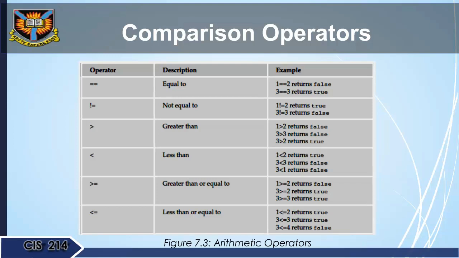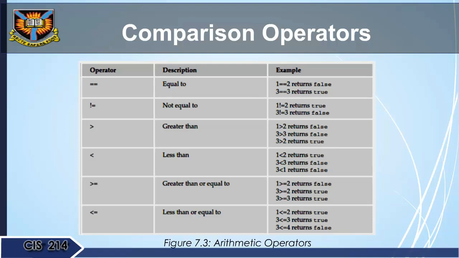Greater than. 1 greater than 2 returns false. 3 greater than 3 returns false. 3 greater than 2 returns true. Less than. 1 less than 2 returns true. 3 less than 3 returns false. 3 less than 1 returns false.